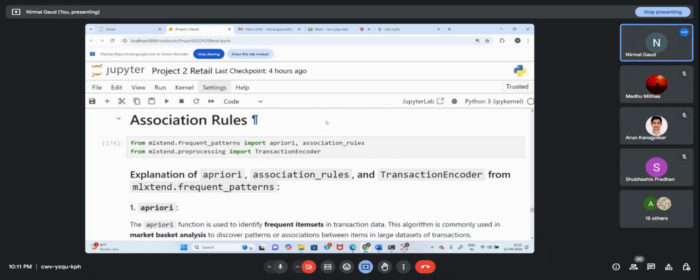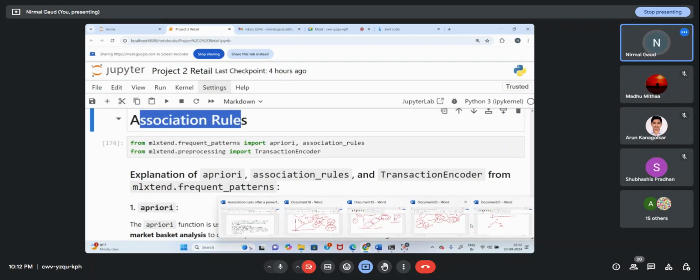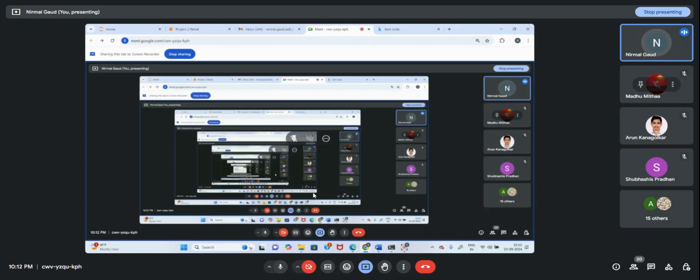Now, since I'm already using unsupervised learning, I thought, why shouldn't I give a try with association? So what is association actually? Association is a relationship, and very few people explore these things now.